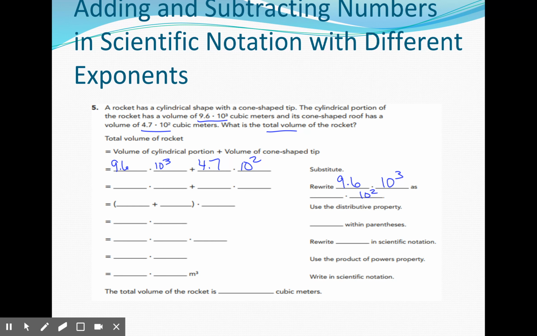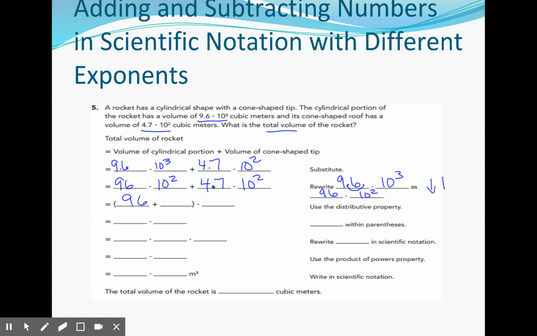So since I'm dropping my exponent down by 1, I'm going to move my decimal 1 space. So 96 times 10 squared. So now I can add these. 96 times 10 squared plus 4.7 times 10 squared.